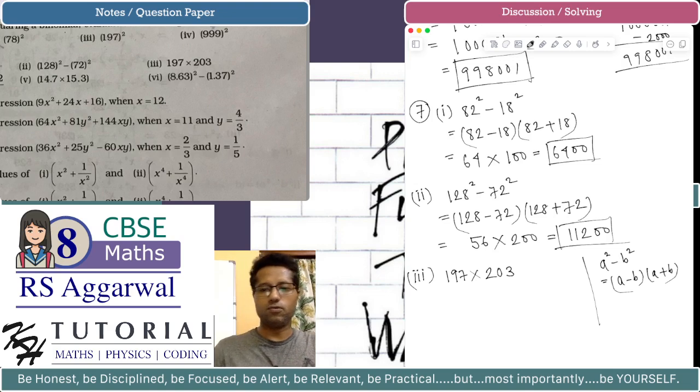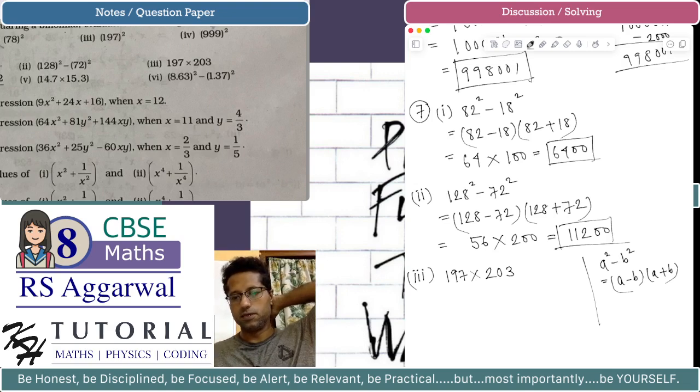So in the problem you are given a minus b and a plus b. Since 203 is greater than 197, a plus b is 203 and a minus b is 197.